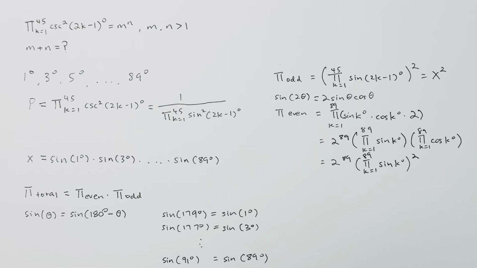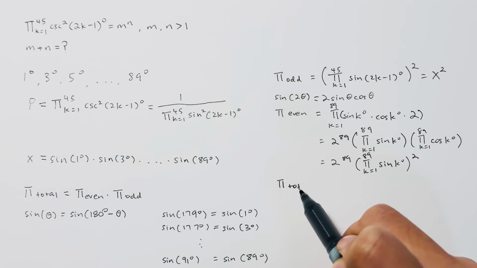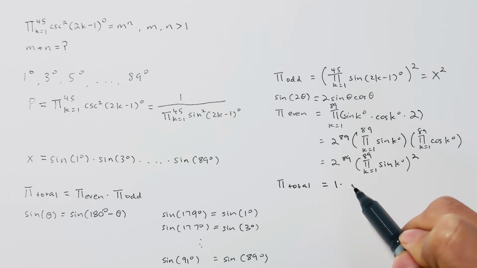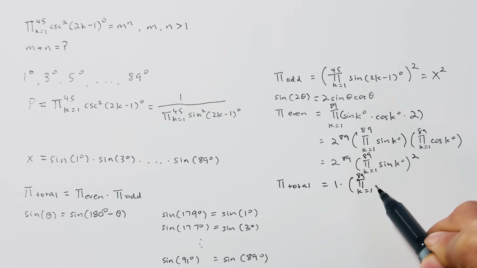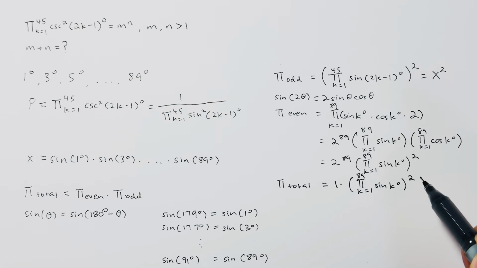We know that sine 90 degrees equals 1, and the terms 91 to 179 mirror the terms 1 to 89. So the total product is also the product of the first 89 sine squared. So it becomes 1 times the product k equals 1 to 89 of sine k degrees, squared.